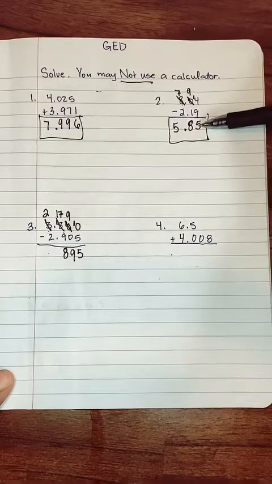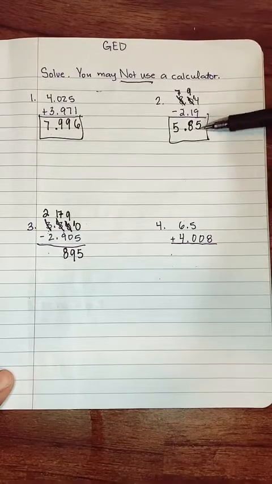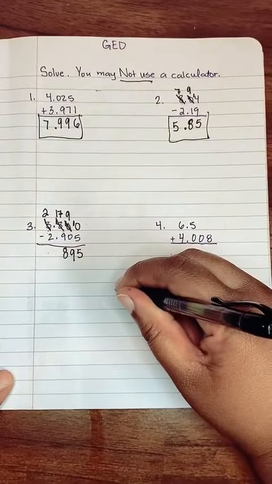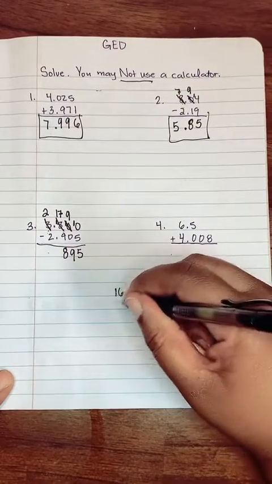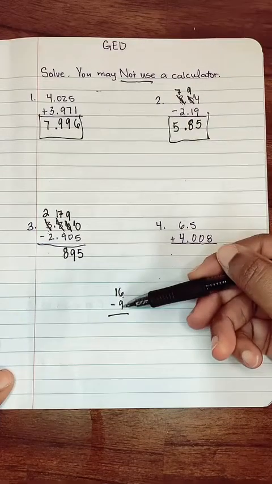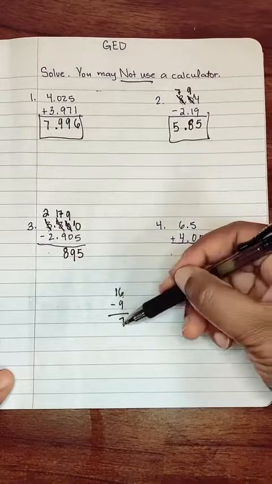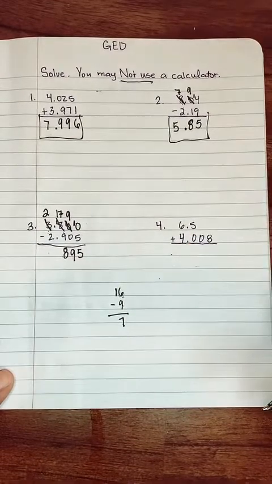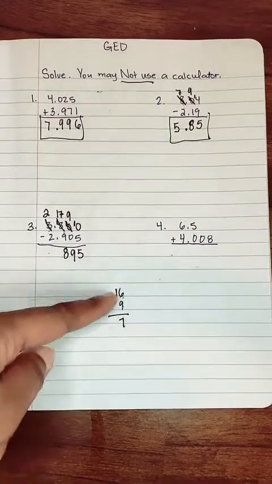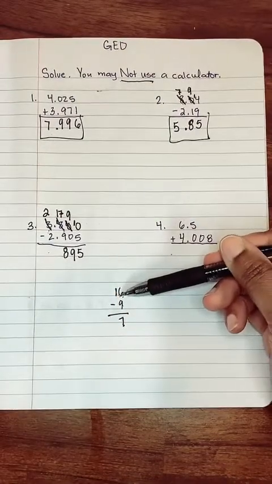If we have, let's say, 16 minus 9, I look here, I go 1 up from the 6. So I know it's going to be 7. 7 plus 9 gets you 16. So if you can remember that trick, all I'm doing is looking at what this digit is here. I know it has to be 1 up from here. Always. That's a pattern for 9s when you're doing subtraction.